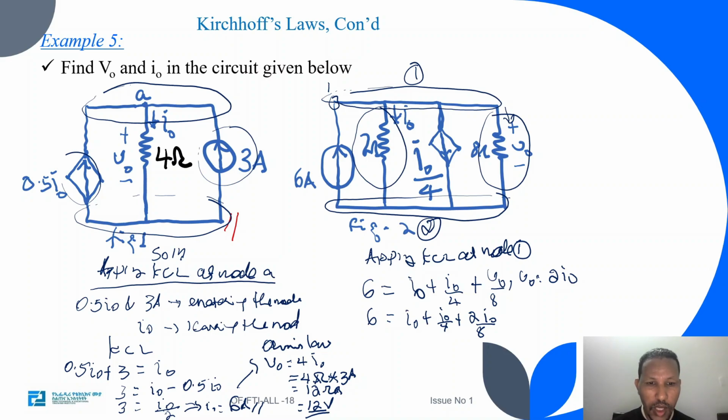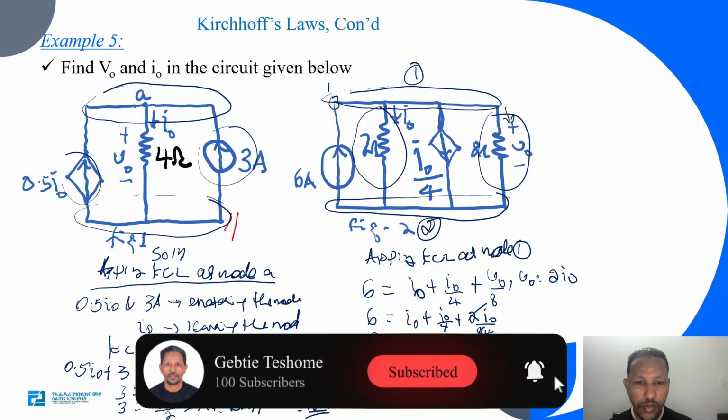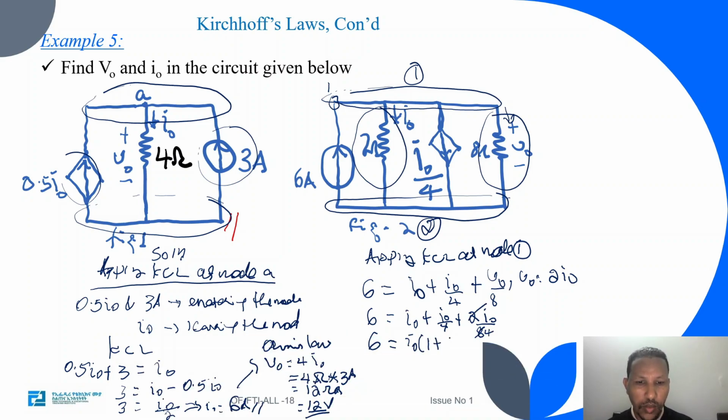So this is how we develop the equations. We can have 6 equal to I naught common, 1 plus 1 over 4 plus 1 over 4.